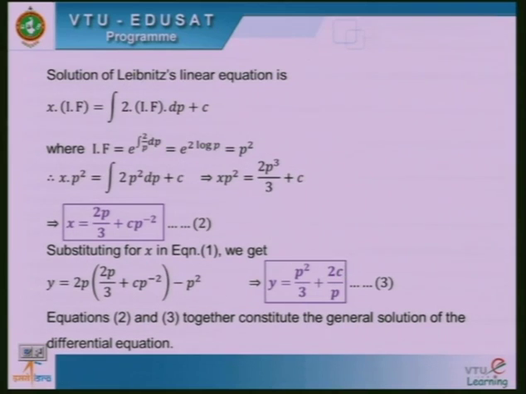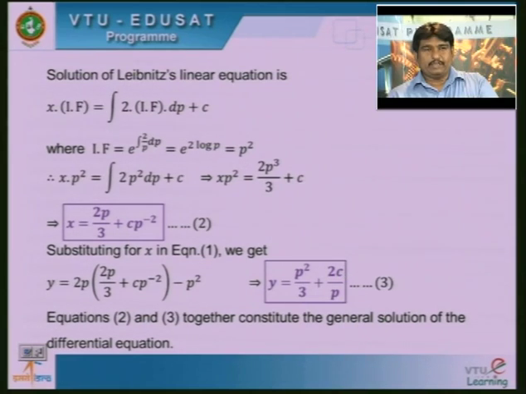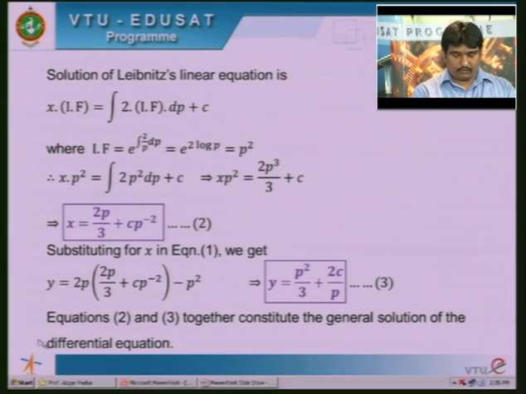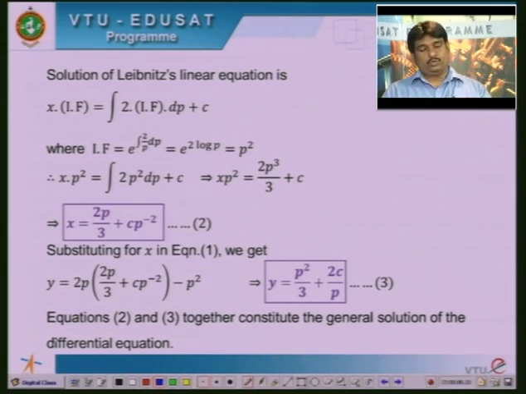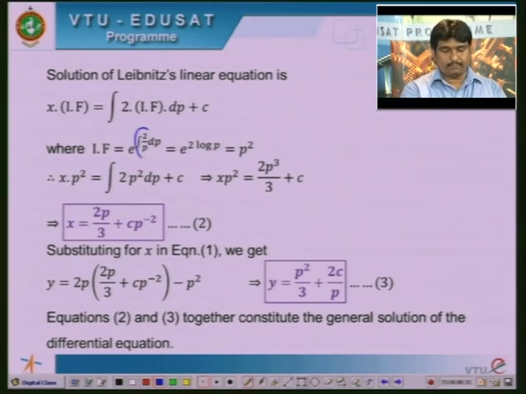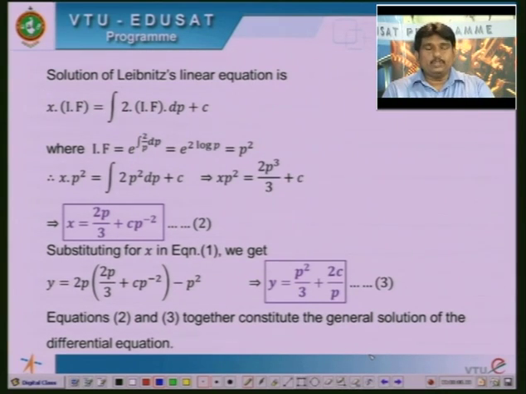As I mentioned, its solution is x into integrating factor equals to integration of 2 times integrating factor into dp plus c, where integrating factor is e to the power of integration of the coefficient of x, which is 2 by p, into dp.